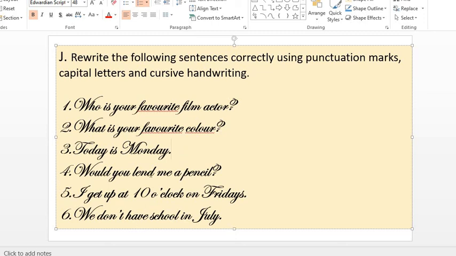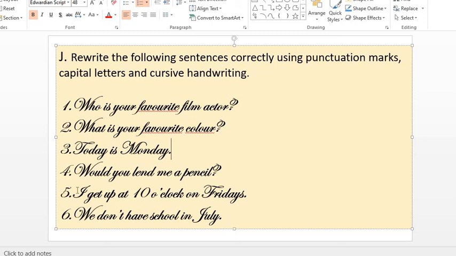Number 4. Would you lend me a pencil? It's a question. We use capital W and a question mark at the end of the sentence. Number 5. I get up at 10 o'clock on Fridays.